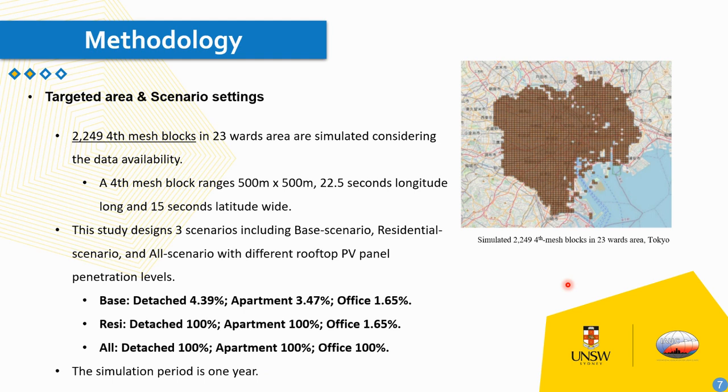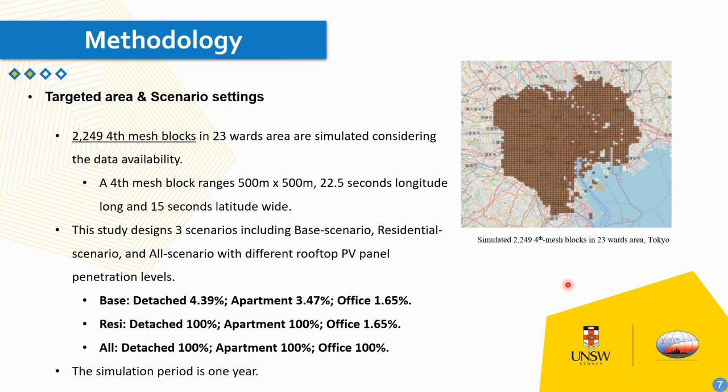The base case uses different PV panel coverage ratios for different types of buildings in Tokyo: about 4% for detached houses, 3.47% for apartments, and 1.6% for offices. This is actually the real situation in Tokyo.